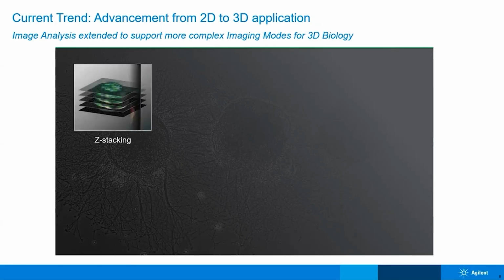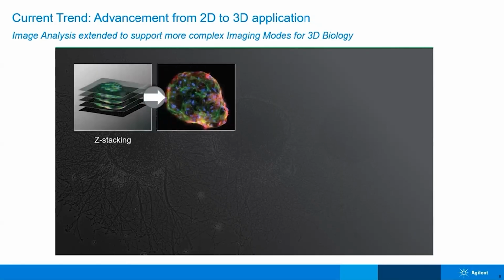We do things like Z-stacking, where you can capture multiple images in the Z dimension. That would be applicable to imaging something like a spheroid, which has a 3D structure to it. A Z-stack would capture all of the in-focus information for a spheroid. Then we have a Z projection step that collapses all of that focus information down into a single image.